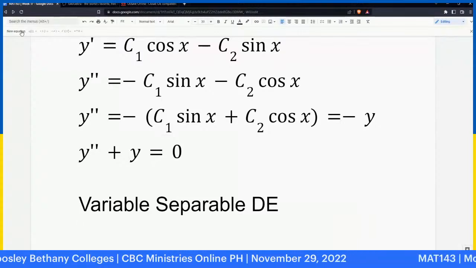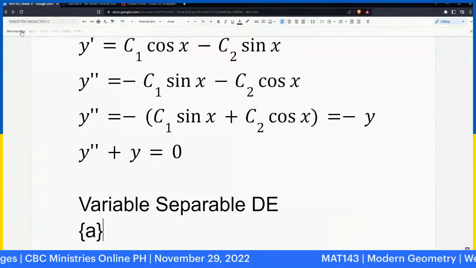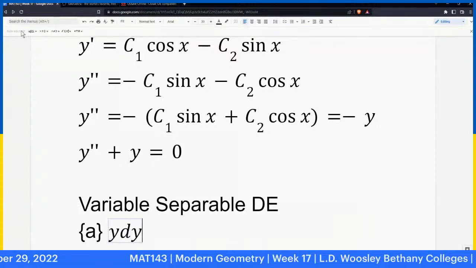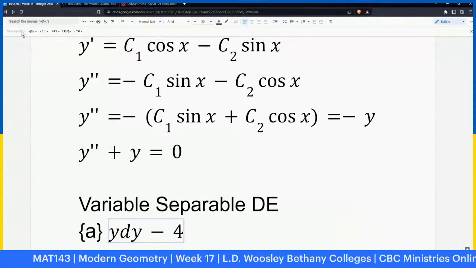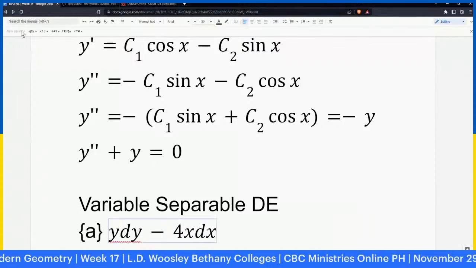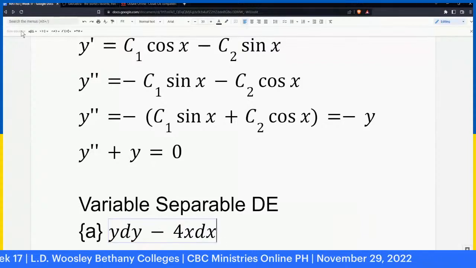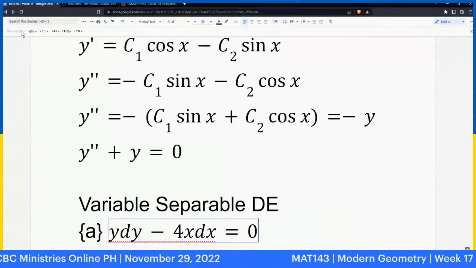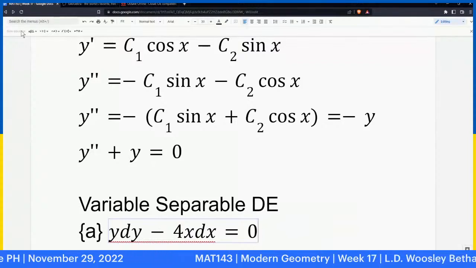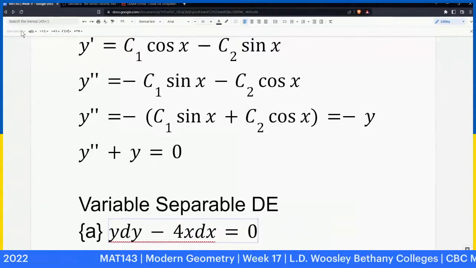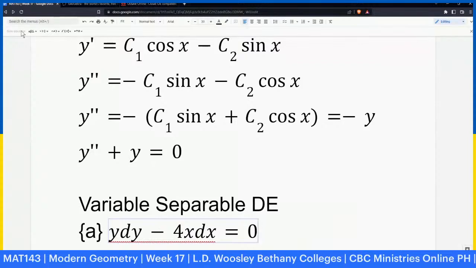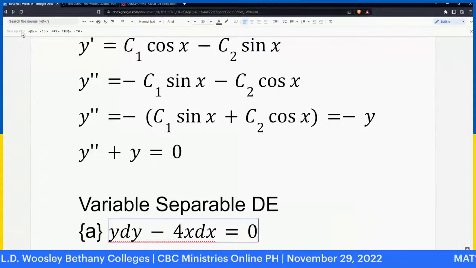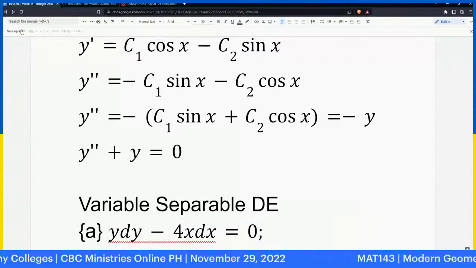So here's an example. For instance, you have y dy minus 4x dx. In fact, this is already separated. Y is with dy, and x is with dx. They're already separated. You don't need to separate them. So you just put it on the other side of the equation, right?